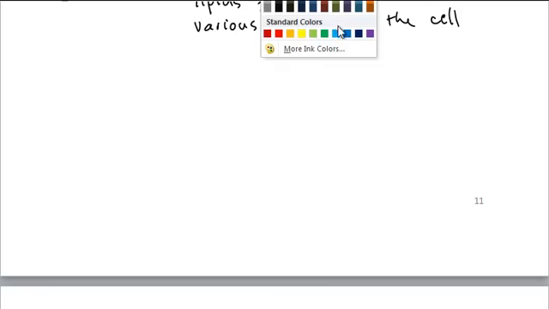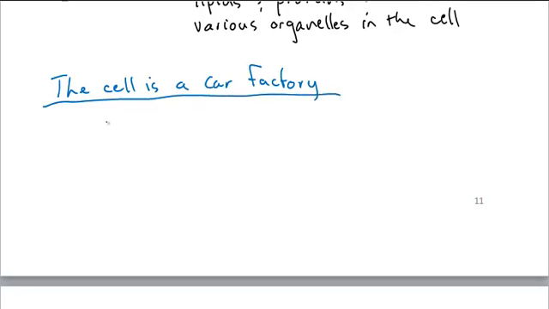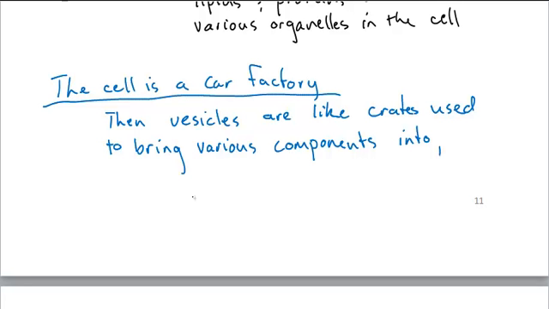And if we're going to go back and do the cell is a car factory analogy, then vesicles are like crates used to bring various components into, out of, and throughout the factory.